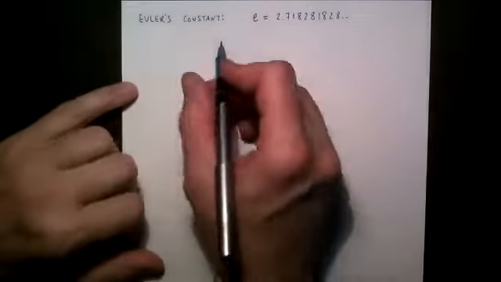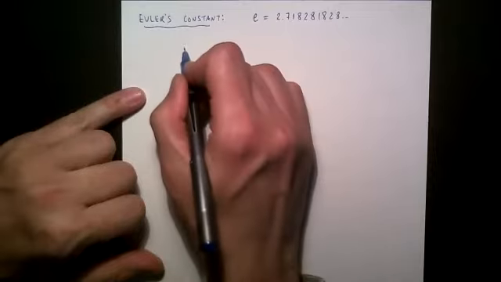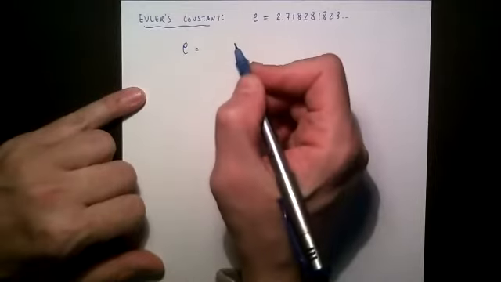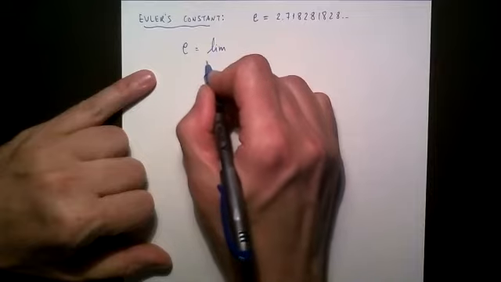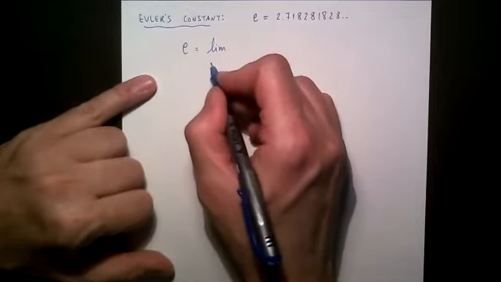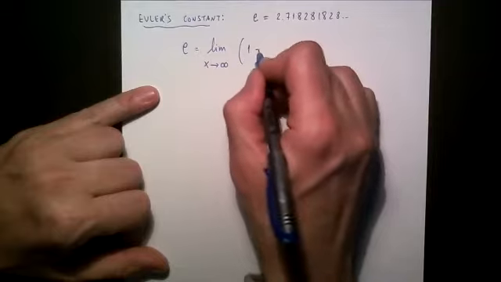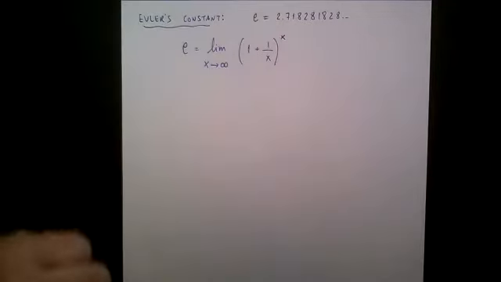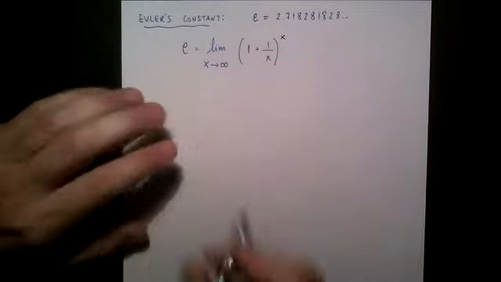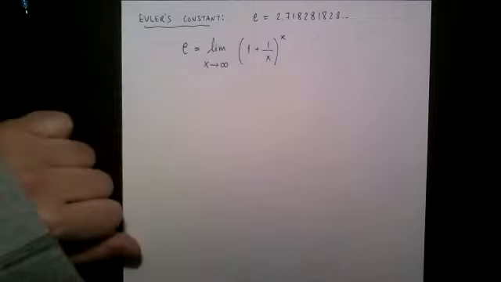Okay, how do we find Euler's constant? There's more than one way, but one way is to do the limit as x approaches infinity of (1 plus 1 over x) to the power of x. This is the exact value of Euler's constant.